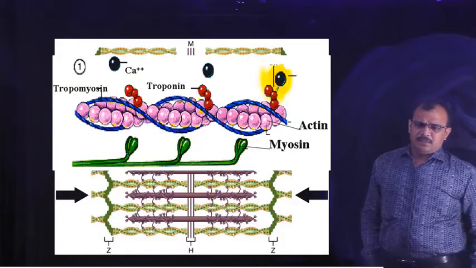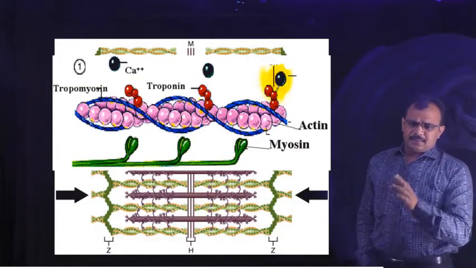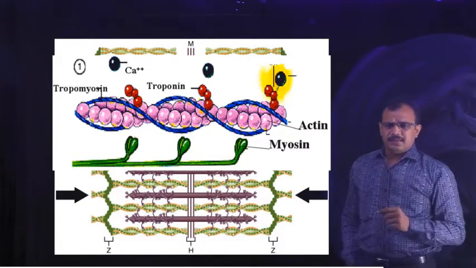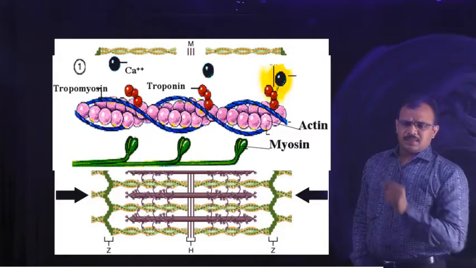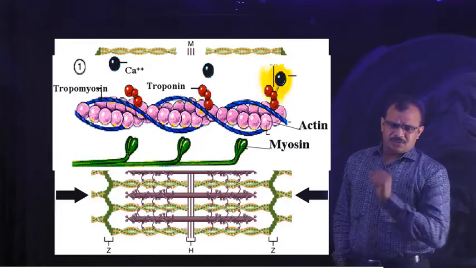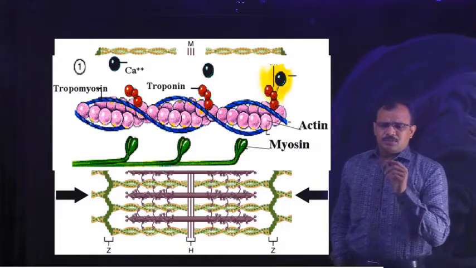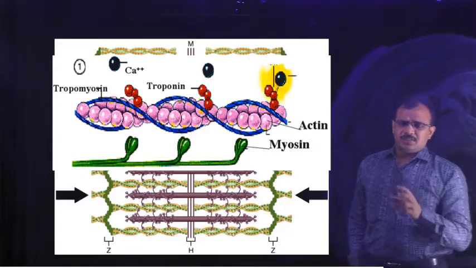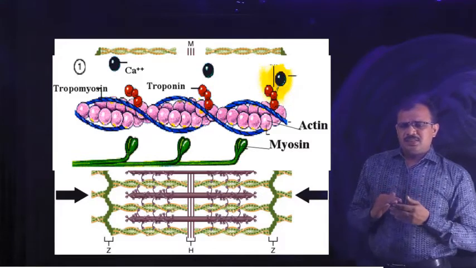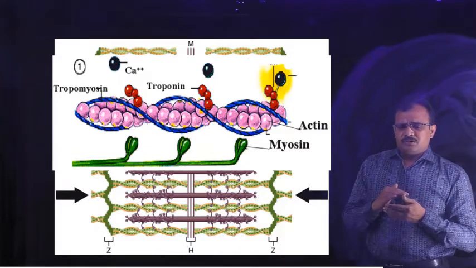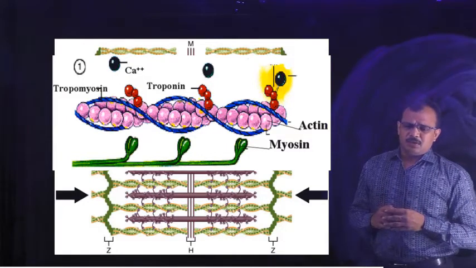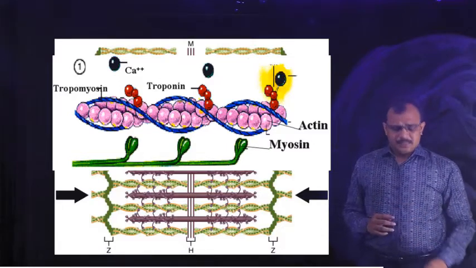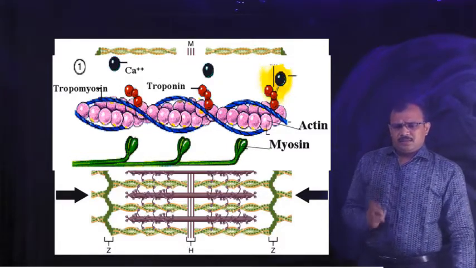So this diagram shows the Z lines. The Z lines are the green lines, and those filaments which are attached to this Z line are the actin filaments, and the purple colored are the myosin filaments which are attached to the M lines, and stimulation of this nerve leads to formation of cross bridges, and these cross bridges are attached with each other and lead to contraction of these actin filaments against the myosin filaments, which leads to sliding of the filaments against each other, leading to contraction of that sarcomere.